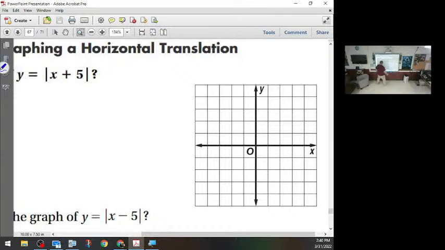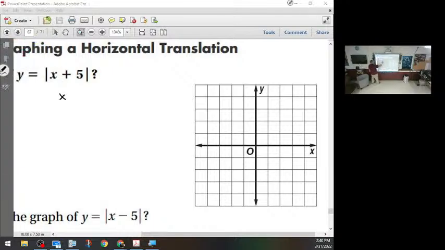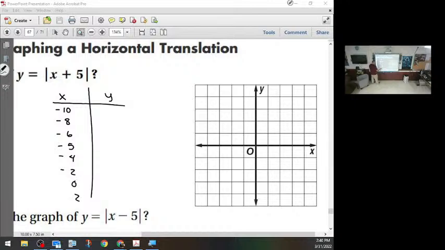I start with here's an X, here's a Y. And we're going to go, because I know what's going to happen, let's do -10, -8, -6, -5, -4, -2, 0, 2.